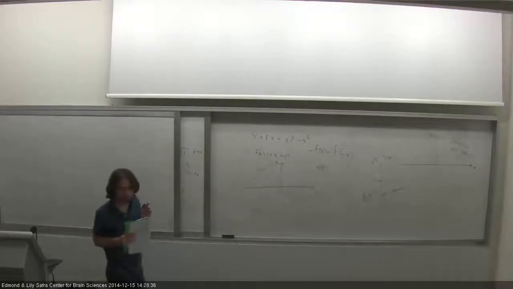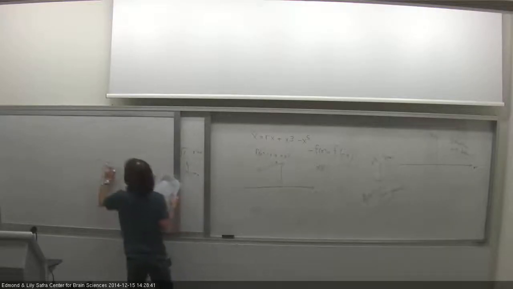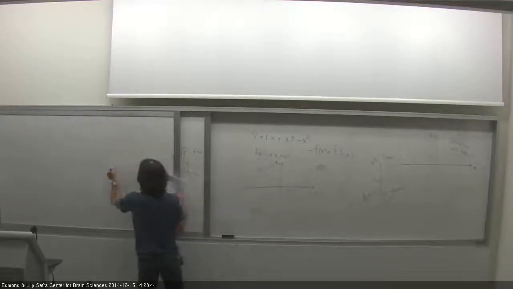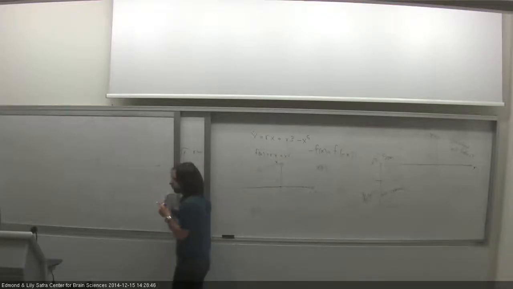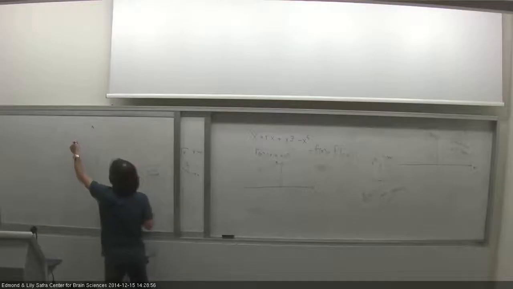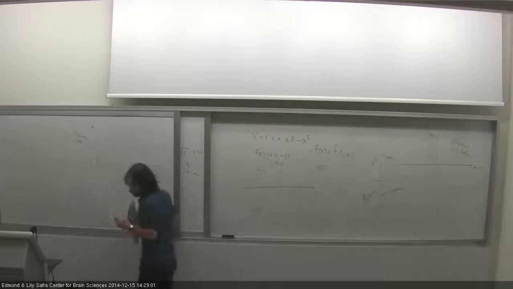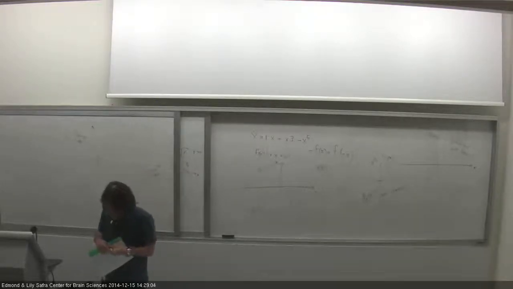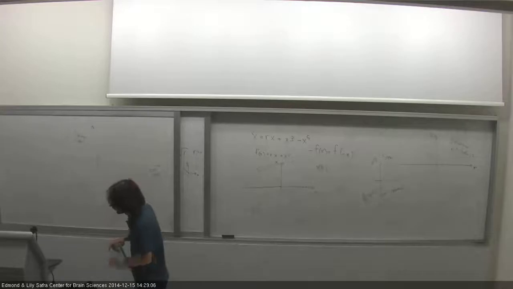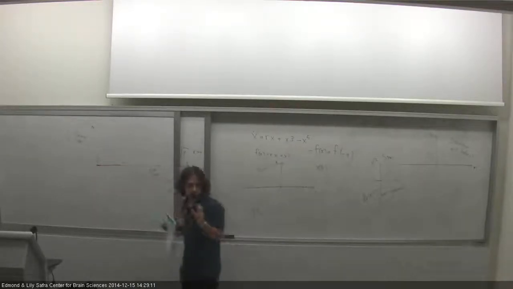A lot of times you have some parameter like an external input, and if you look at, say, the firing rate, you see that when the external input is very low, you are in a quiet state of the cell.